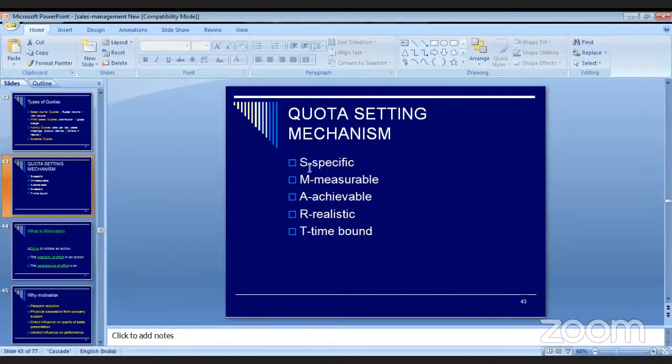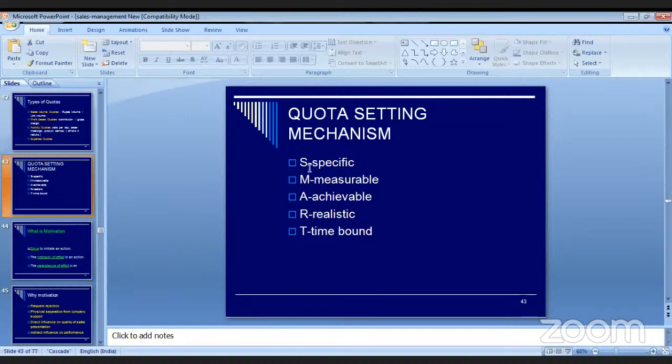Your top management scolds you, which boosts your energy. Again they take you to different parties, motivating in that way. So financial and non-financial motivation is also helpful.